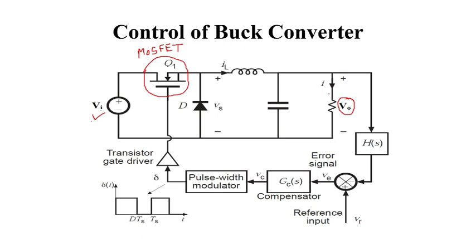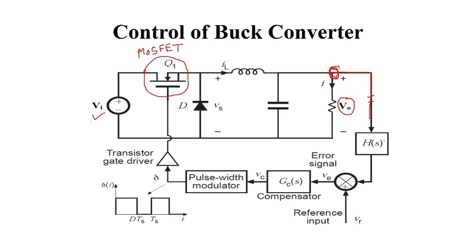If you want to regulate the output voltage or control the output voltage, we can sense the output voltage. In this feedback line shown here, I am just measuring the voltage by using potential divider or sensor circuits.